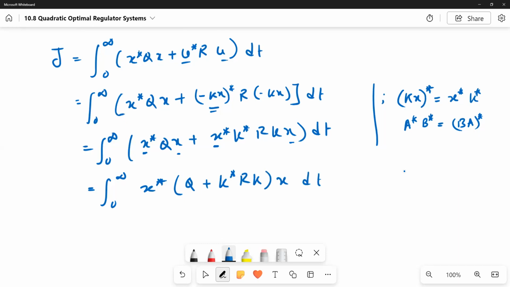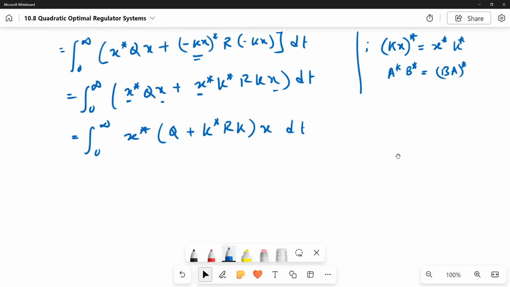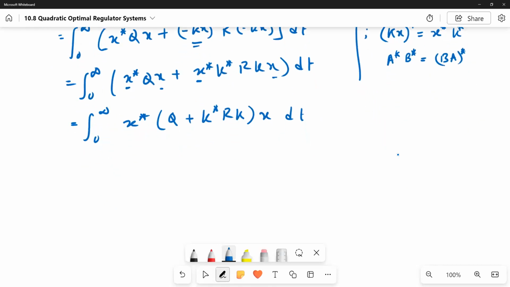Now we are going to find the value of the performance index J. Since it is an integration, if somehow this parameter can be represented as some form of derivative, like d by dt of something, then the integration and the derivative will cancel each other, and we can easily find the solution.